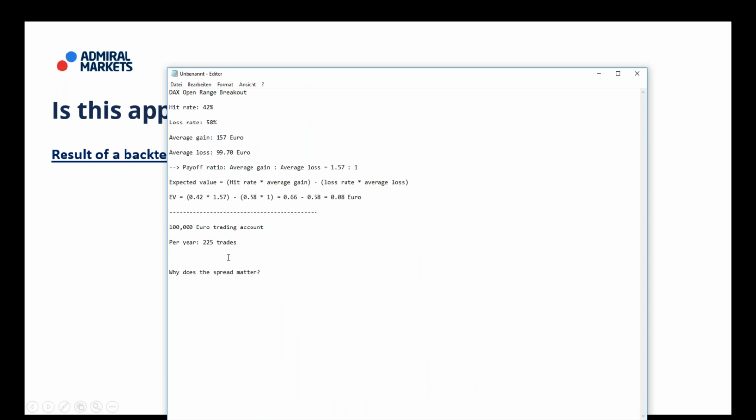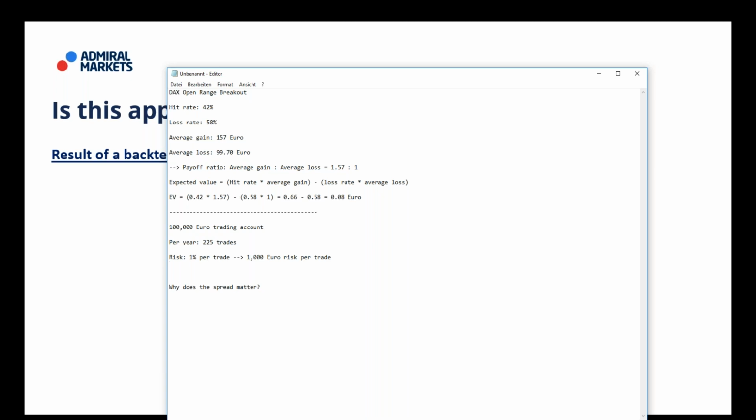So let's come back to this theory here. We have 225 trades per year, and then we say we risk 1% per trade, which comes down, if we look at this 100,000 euro account, to 1,000 euro risk per trade. So what can we do now?